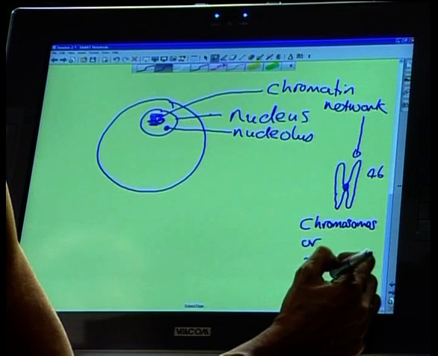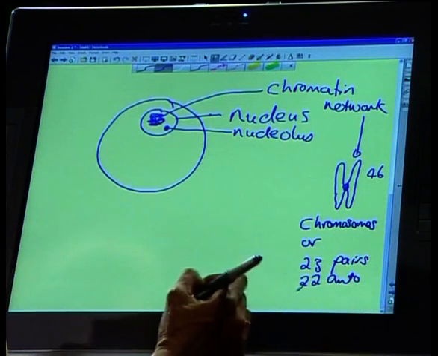So they are for your body, 22. And one pair is your sex chromosomes or your gonads. So you'll have 23 pairs where 22 pairs are autosomes.